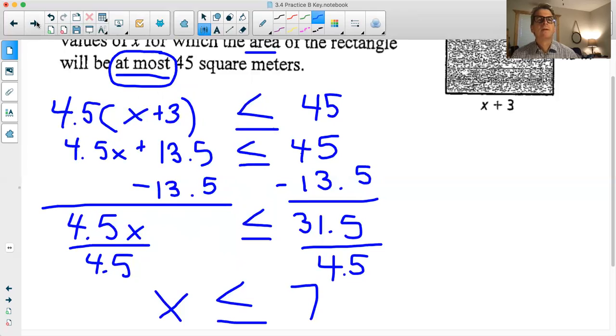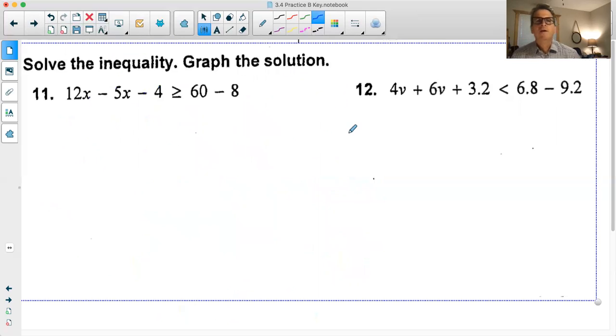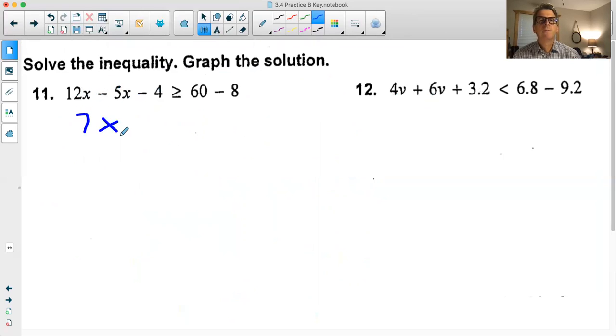Okay, almost done. 11, 12, and 13. Solve the inequality, graph the solution. Okay, so we got all kinds of x's here and v's over here. Let's combine our like terms first. 12 minus 5, which is 7x, minus the 4, greater than or equal to 52. Okay, that's just simplifying.